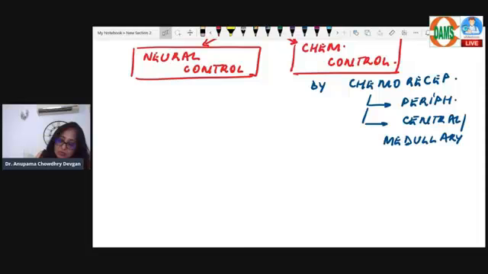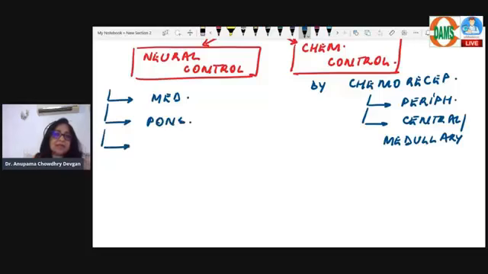Now, as far as neural control is concerned, there are different areas which are going to be involved. In neural control, you have centers in the medulla, you have centers in the pons, and you have higher centers which are involved.